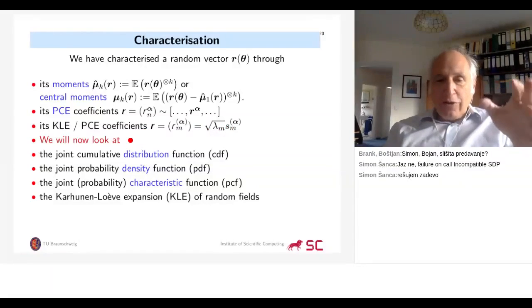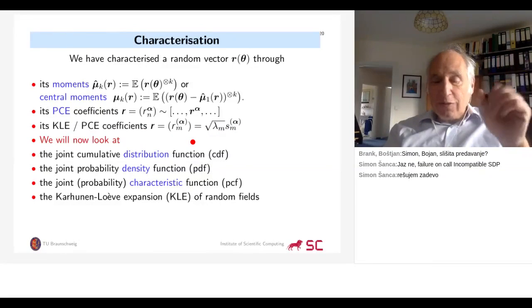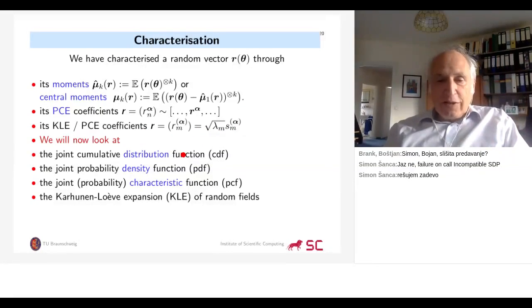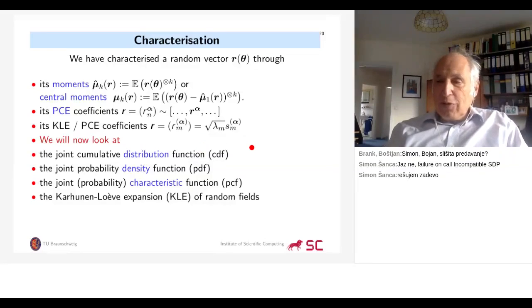We'll now look at a few other ways. What is important here is to say what we're looking at. We'll look at the cumulative distribution function, something we looked at already in the case of scalar random variables, the probability density function, which will be the derivative, and the characteristic function. And the cumulative expansion of random fields.